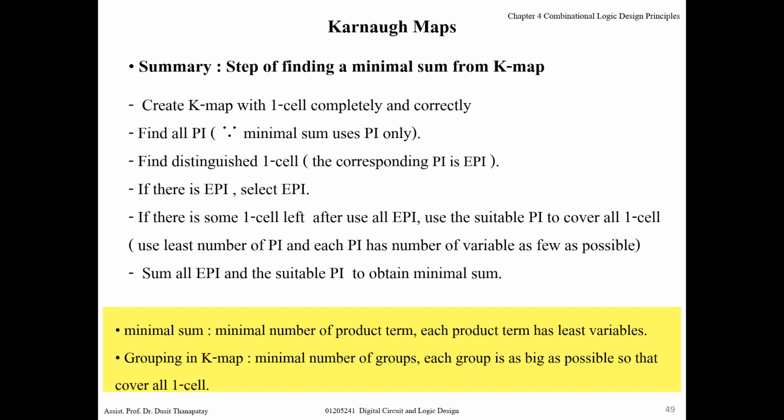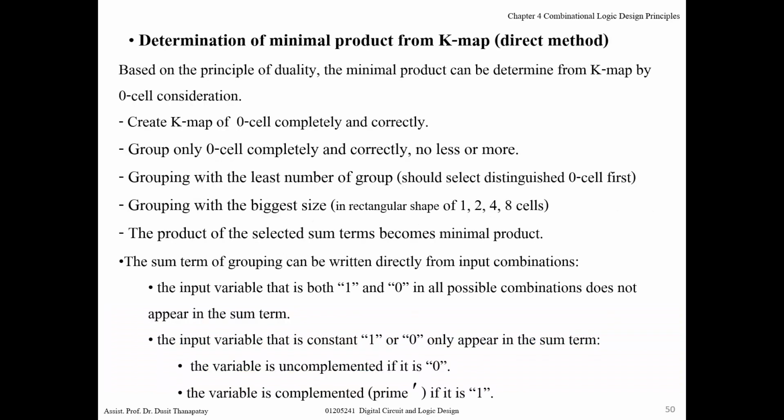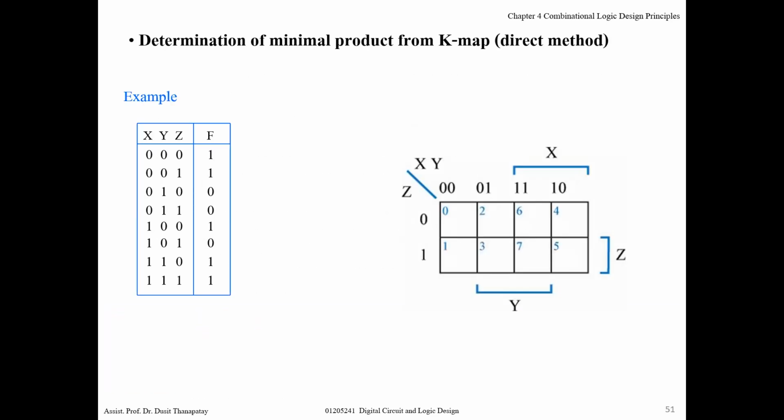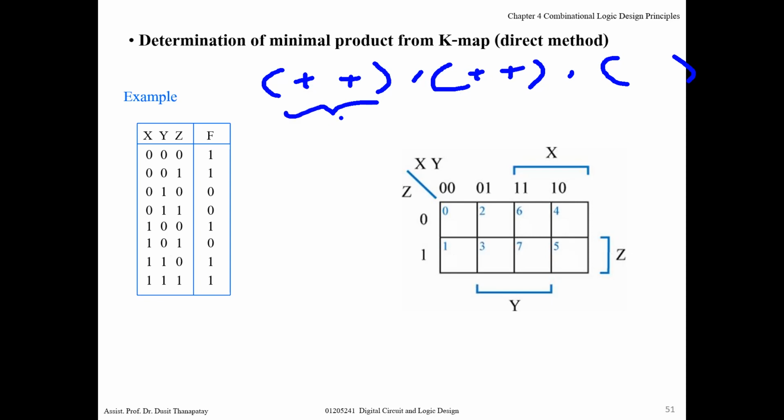Okay, just to summarize. How about if I want to find the minimal product? For the minimal product, the result you want is a product of sums, right? That means you should focus on the logic zero outputs. Actually, you can do the same.